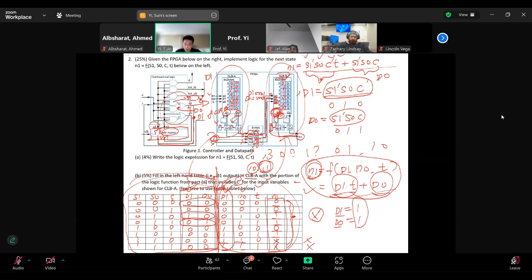So I follow the suggestion from the question, and S1 prime S0 C prime is defined as D1, and likewise S1 prime S0 C is defined as D0. That's how you reduce this raw equation into a high-level, abstracted form of N1 that is a function of D1, D0, and T.